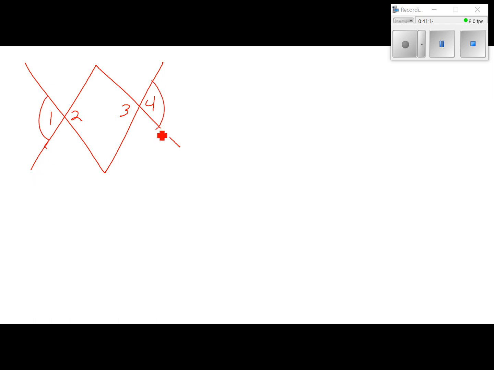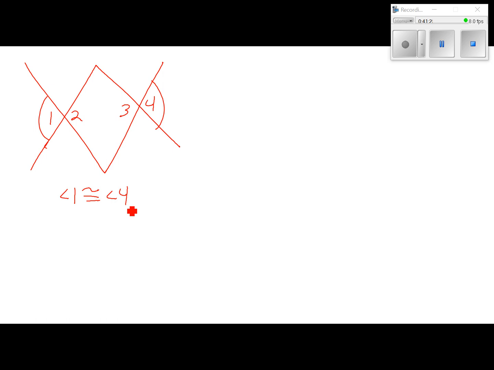Next one, I'm not going to draw the mirror and all the extra stuff. I'm just going to draw what we have or what we need there. This is angle 1, this is angle 2, that's angle 3, that's angle 4. And they tell us angle 1 is congruent to angle 4. And that's all the given information that they give us.